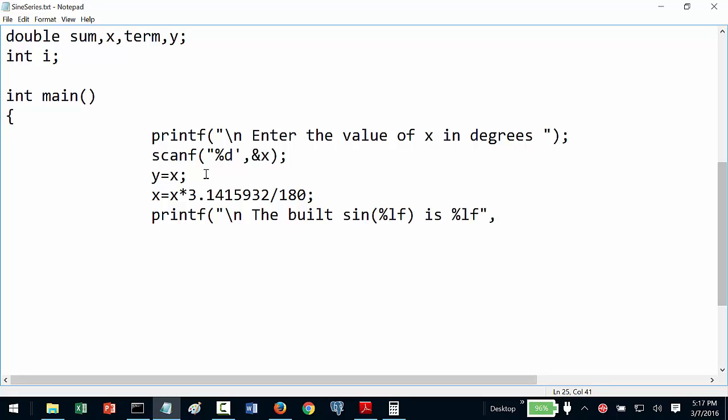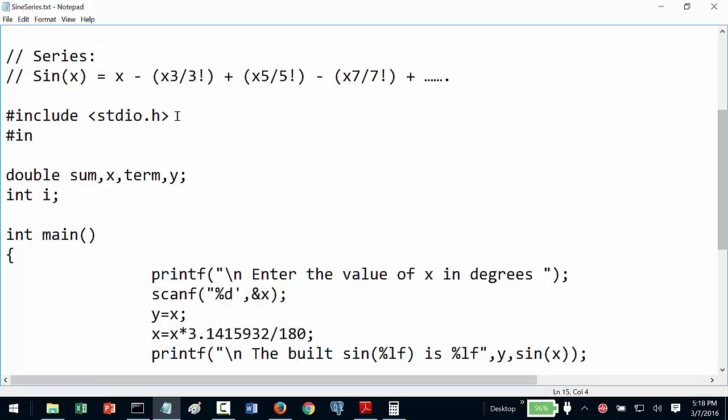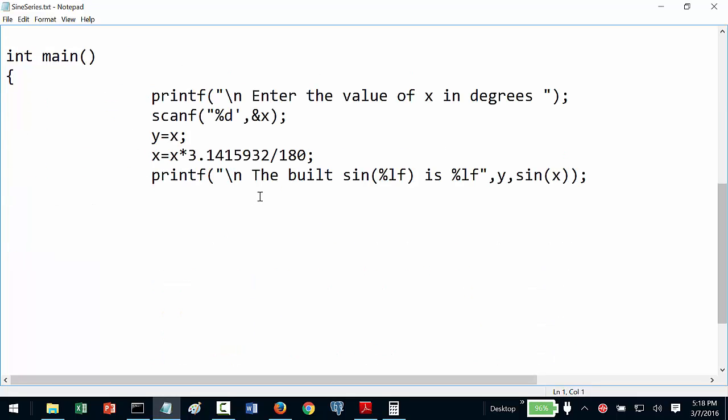So what is my percentage LF? I'll take y, which is my, I'm giving it in degrees, but I have to call the sine function in radians. It will not accept in degrees, otherwise you will get a wrong answer. We will see. Okay, so this is my sine of x. So my sine of x is there in my hash include math.h. Okay, so our sine series program is ready.